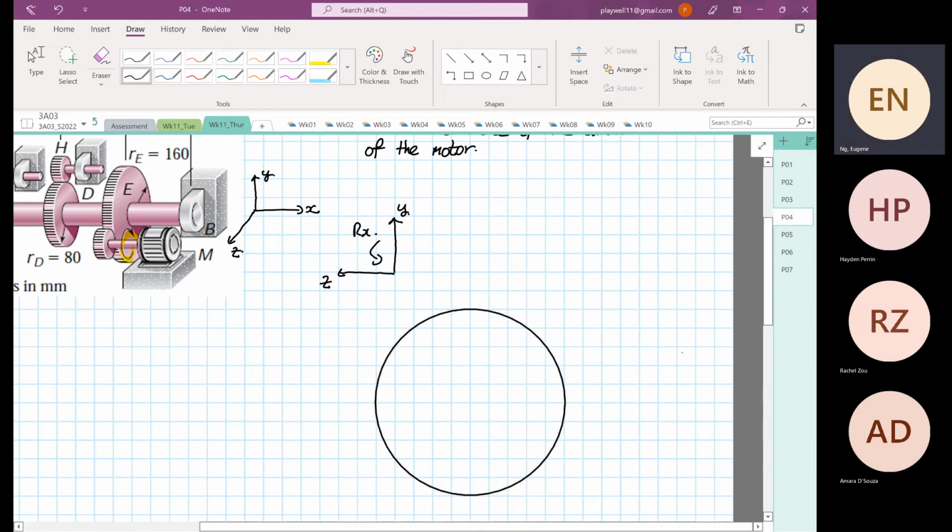Okay, so this is our gear E, and this is our shaft AB.